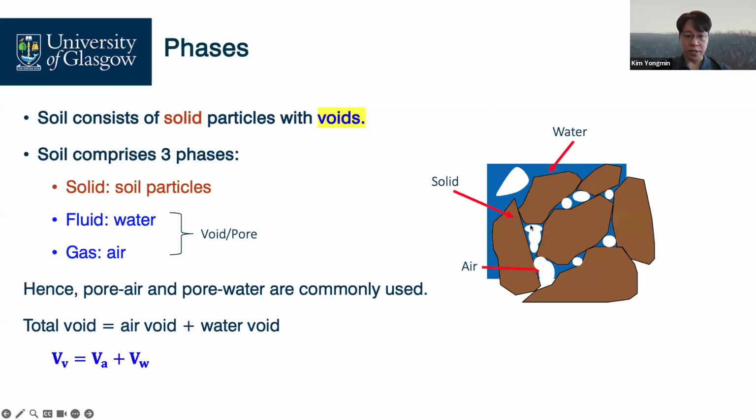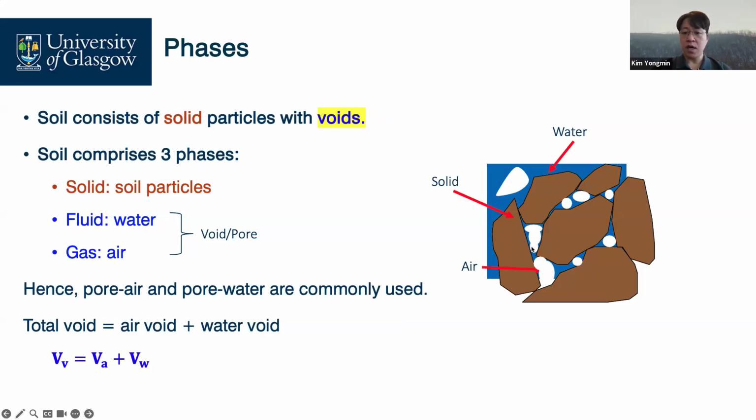The water in the void is called pore water. This pore water plays a crucial role in the behavior of soil under load. Let's say all the voids are filled by water. This soil is fully saturated. If the voids are filled by water and air, this soil is unsaturated, partially saturated.